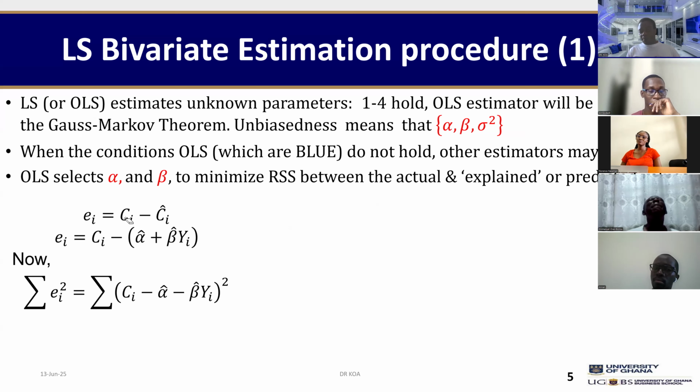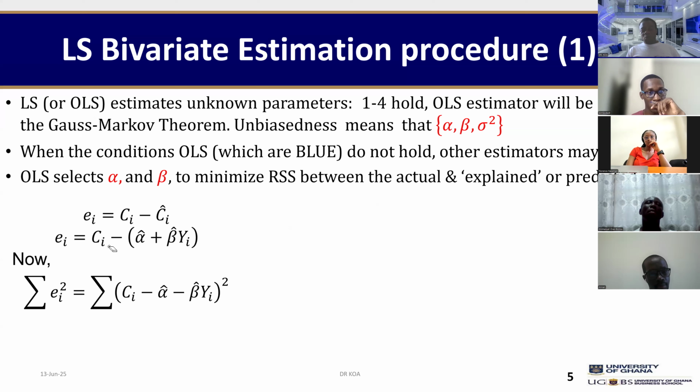The error is the actual consumption minus the estimated consumption. Now watch that this actual consumption is the Ci. The estimated consumption is this one in the bracket. And so the error is just the Ci minus the alpha cap plus the beta.